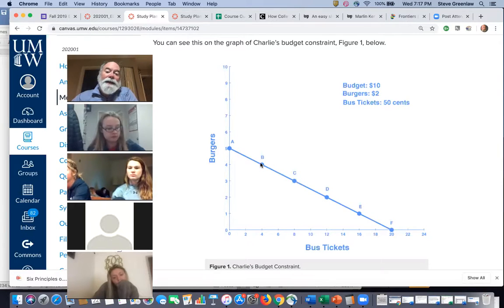Okay, how many burgers do we have to forego? Well, that's easy. It's 4. Well, this is a crazy way to do the problem. Sorry, these are not really lined up for bus tickets. Okay, but I think you're going to be able to see what I'm talking about here.